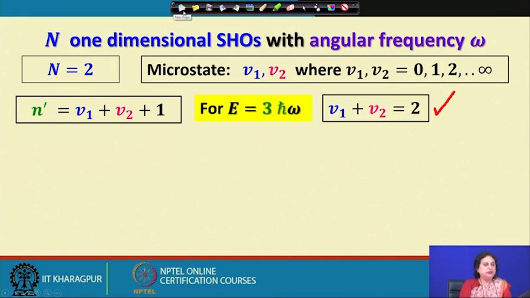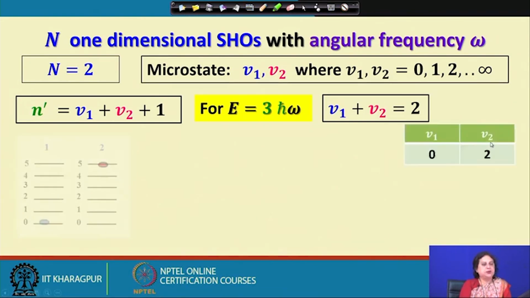Now, this tells you what the different microstates are that are possible. The different microscopic states that are possible, I can start with the minimum value of V1, that is 0. So, what would be the corresponding value of V2? That would be 2 minus V1.